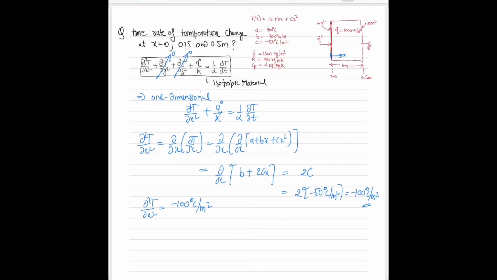So our del square T by del x square is minus 100 degrees Celsius per meter square.